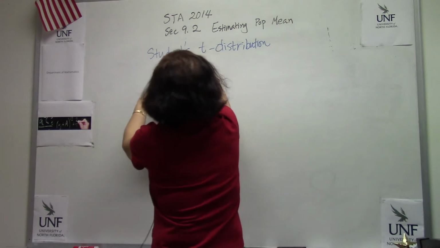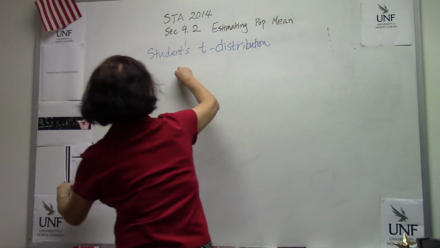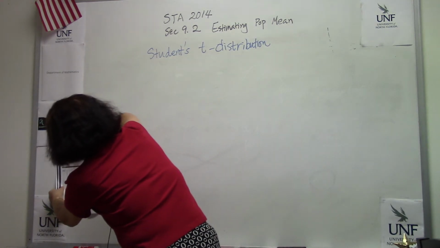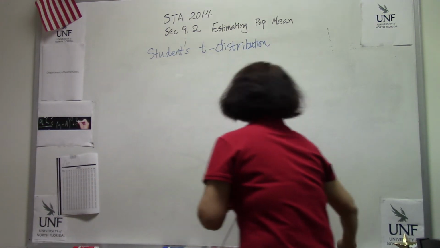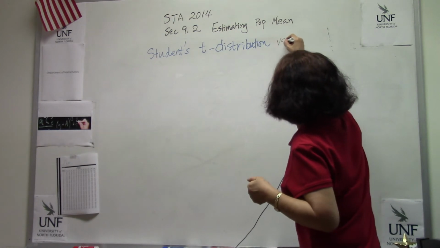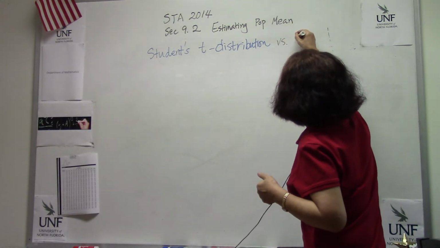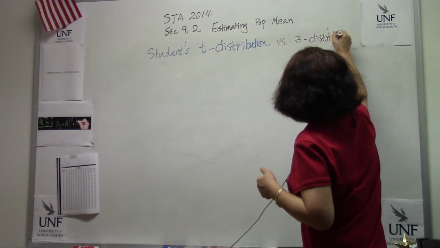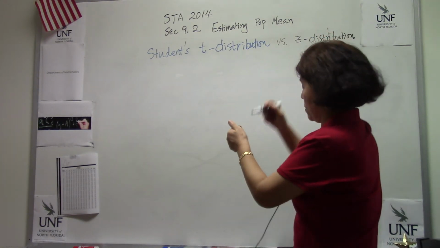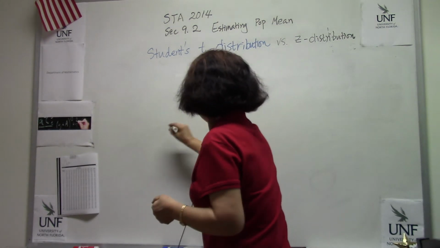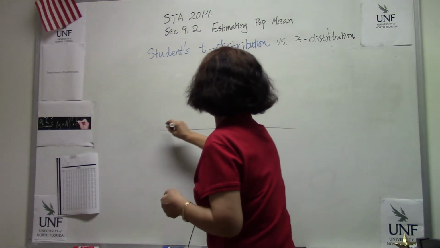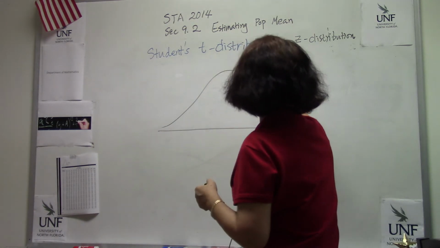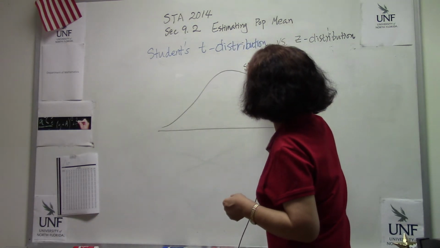The T distribution is very similar to the Z distribution, but there is a little bit of a difference. This one versus the standard normal distribution, the Z distribution. First of all, the curve is the same. So let's say this is the standard normal curve.